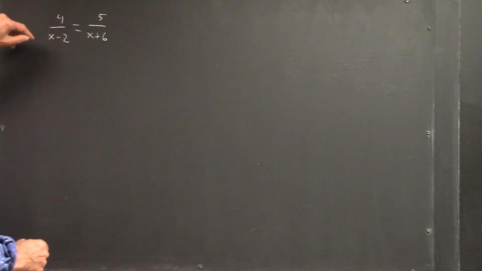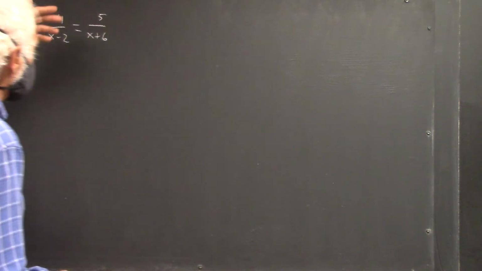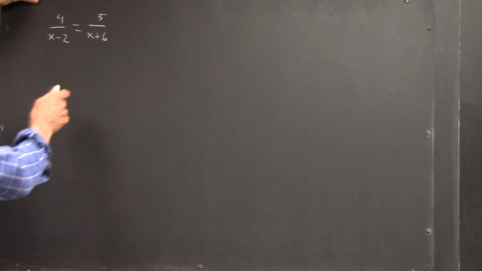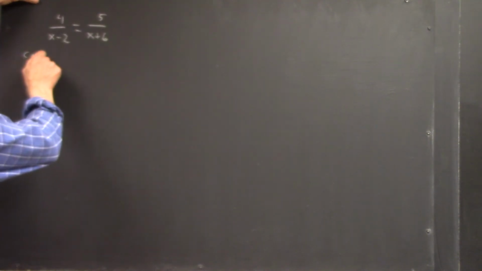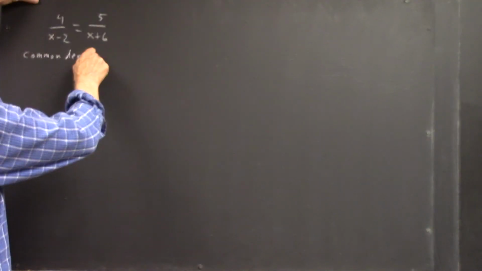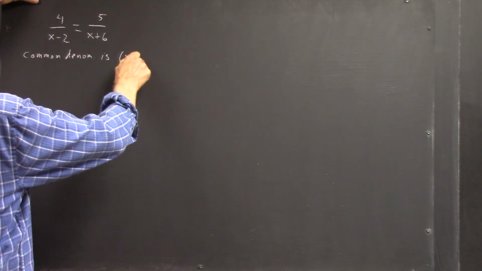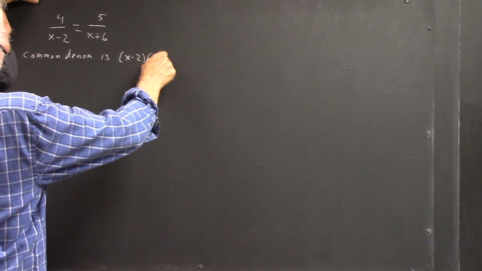These are fractional expressions called rational expressions. It's a ratio of one quantity over another. Common denominator is the product of your two denominators, x minus 2 times x plus 6.